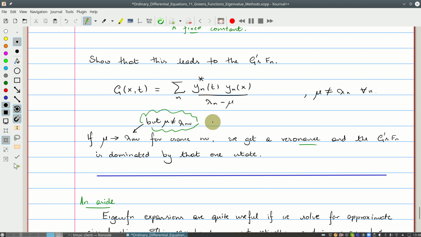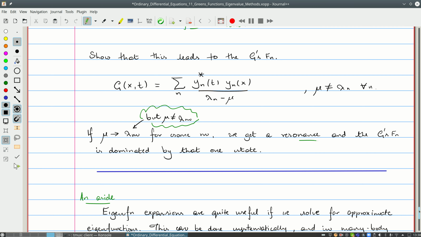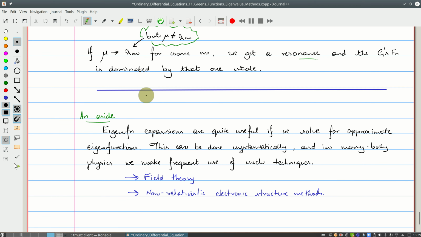So as in the pendulum, when you have resonance there, you could have a polarizability blowing up. You could have a molecular system absorbing energy because that's where it's got its resonant frequency, where it is able to absorb and emit easily. And this leads us to a powerful application of these techniques.